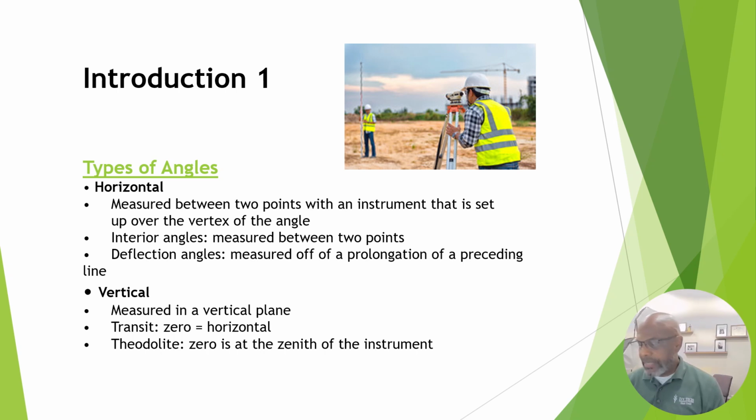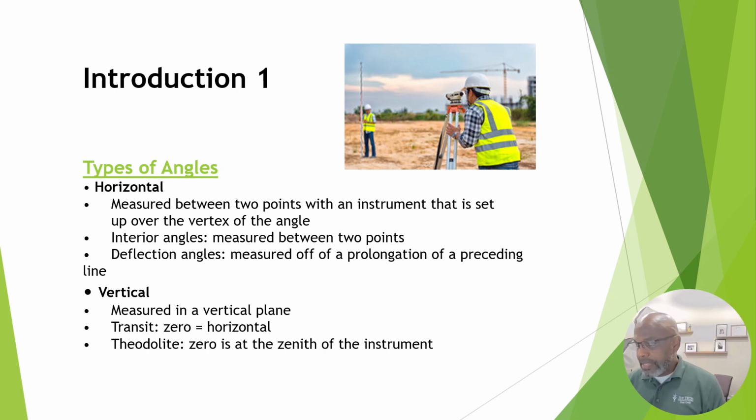With the transit, the vertical angle is 0 when the scope is horizontal, and the angle is positive if the scope is above horizontal, or negative if it's below. In other words, the crosshairs, we're looking at the horizontal line.